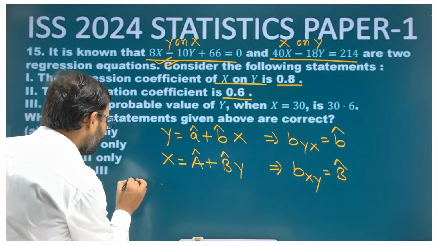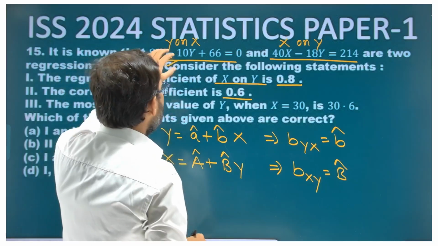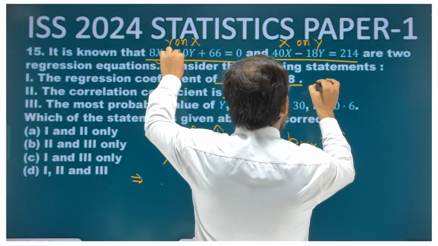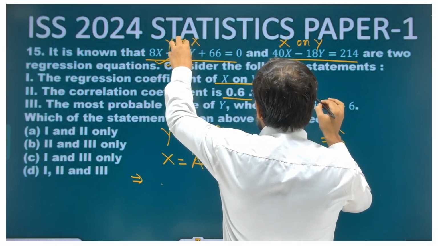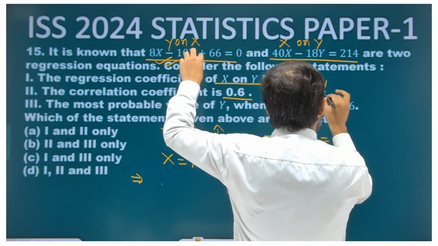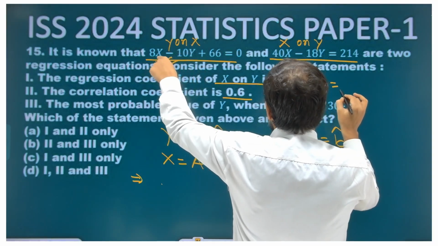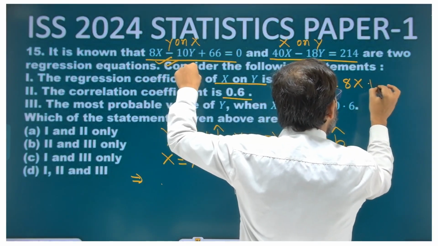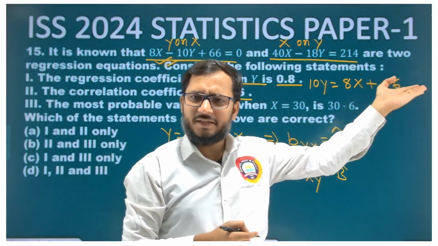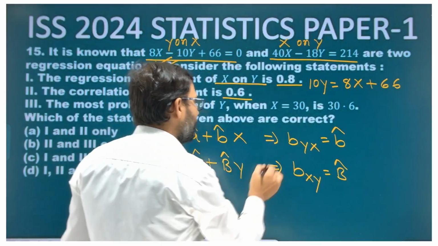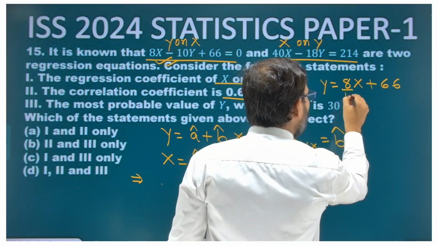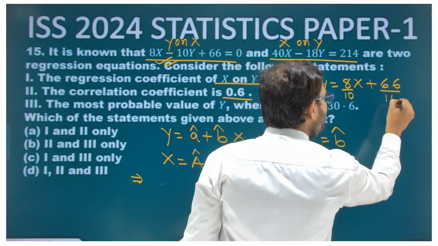So let me write the first equation in this format. Just see here, I am doing the calculation. The 10y should come to the RHS, so it becomes 10y equals 8x plus 66. If I divide the entire equation by 10, you can find that y equals 8 upon 10 x plus 66 upon 10.